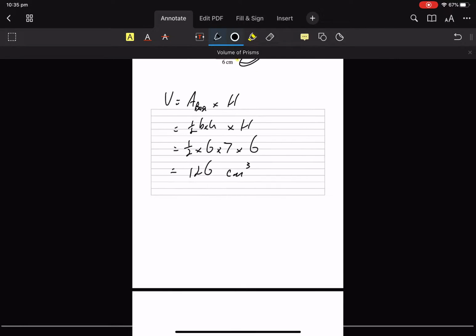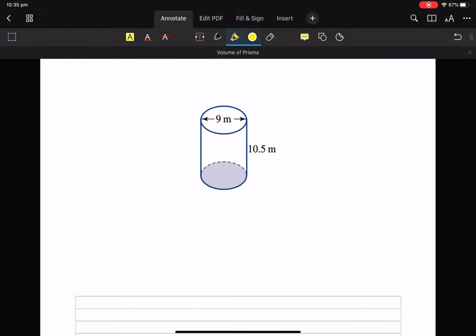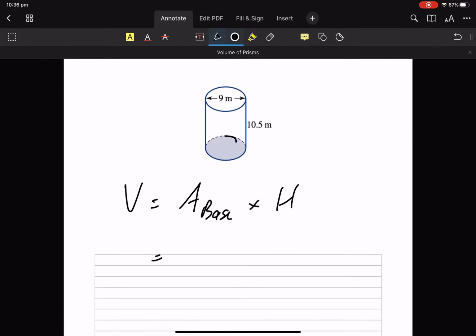Cubic centimetres. Last one. Can you see that there is a circle on the bottom and a circle on the top? So it is a circular based prism. It's a prism. The volume of a prism is the area of the base times the height of the prism. It's a Coke can, so how tall is the Coke can? Well, that's a big can of Coke, isn't it? Because that's metres. Anyway, area of the base is a circle, so that's pi r squared times h.